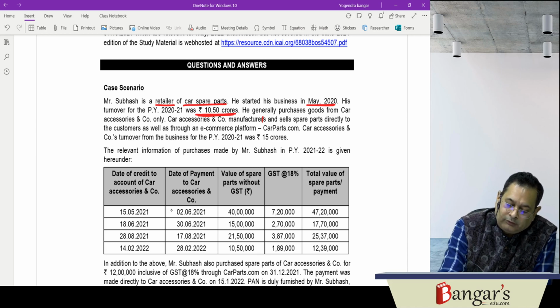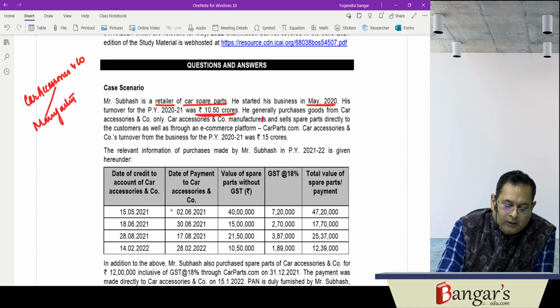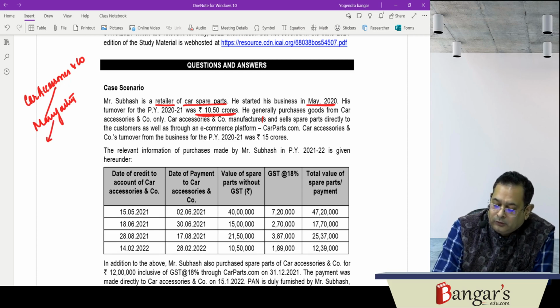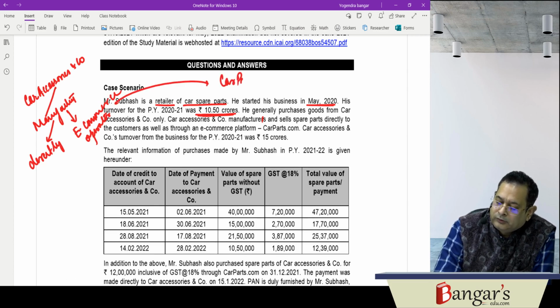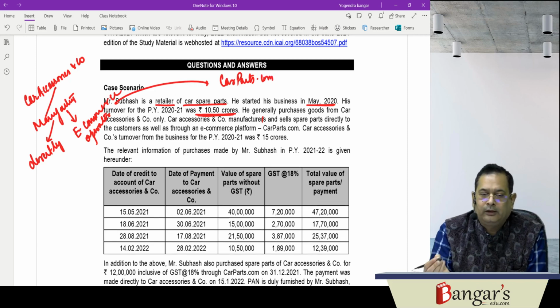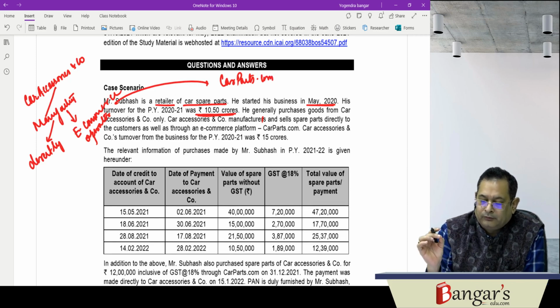So they are engaged in manufacturing, and they supply the goods directly also. They are also availing the services of an e-commerce operator, Carparts.com, for selling their goods.